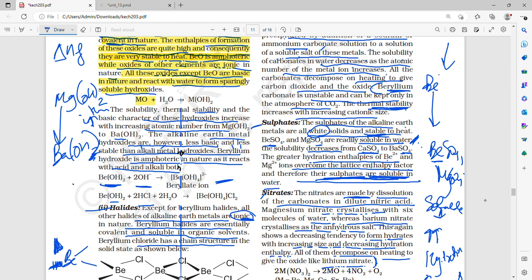The alkaline earth metals hydroxides are however less basic and less stable than alkali metal hydroxides. Beryllium hydroxide is amphoteric in nature.